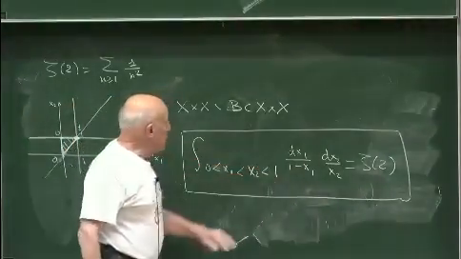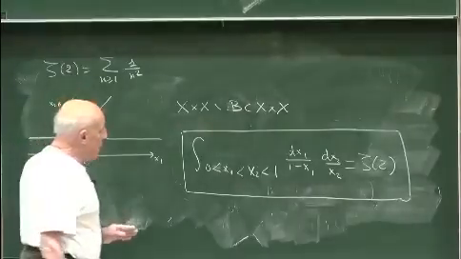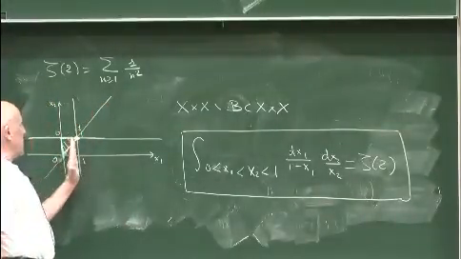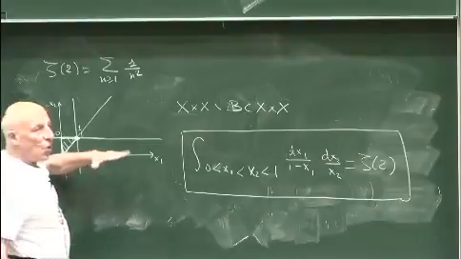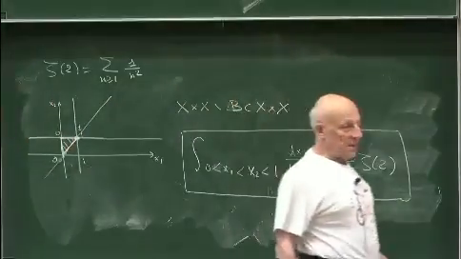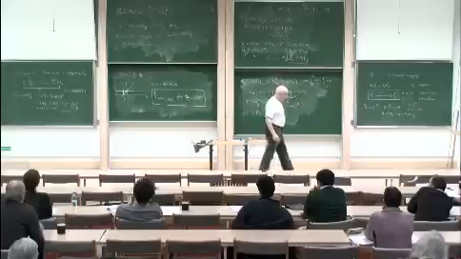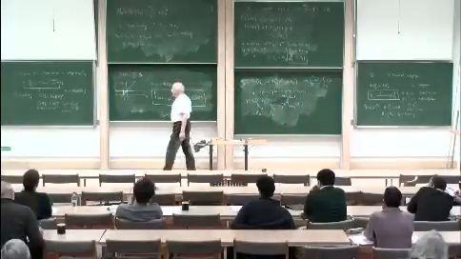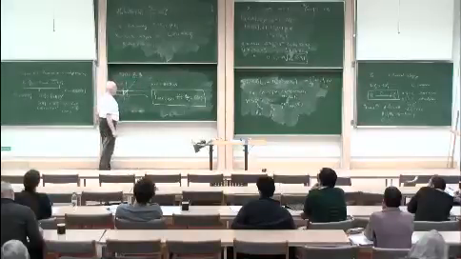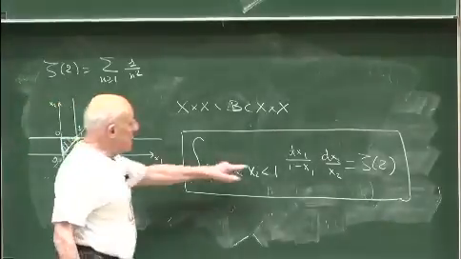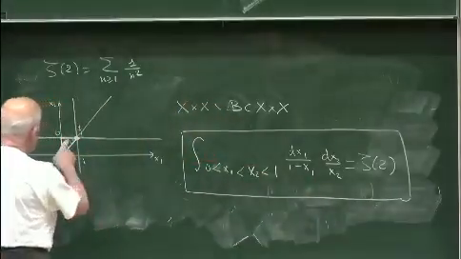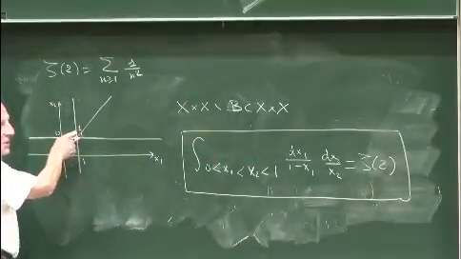Now about the differential, you don't want poles. That means you have to omit x1 equals 1, the vertical line, and the horizontal line. So altogether that makes 5 lines. Now the function that you integrate, 1 over x1, 1 over x2, remains finite along the boundary, so it looks fine.